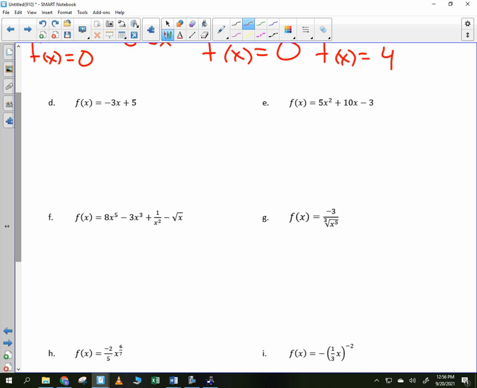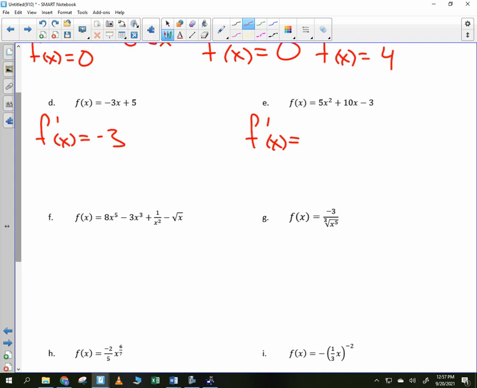Letter D, you can actually take the derivative of each piece. So, what is the derivative of negative 3x? Negative 3. What's the derivative of 5? 0. So you're done. Remember how much time this would take us if we were to plug it into our formal definition.